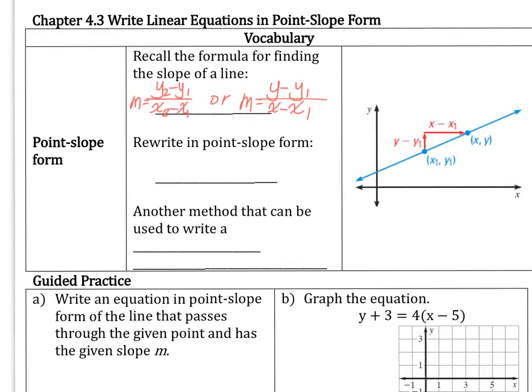Now we can use this slope formula to rewrite it in point-slope form by multiplying both sides by x minus x1.